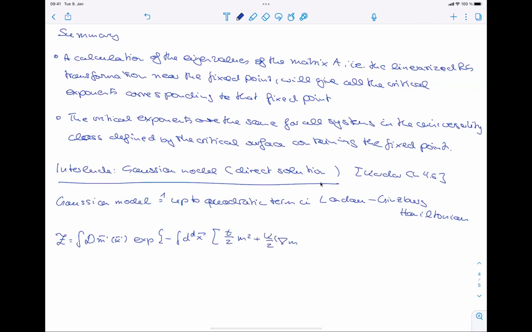Here we have the derivative term plus, and now we have the quadratic term. And in principle, there could be higher order terms, and we have an applied field.